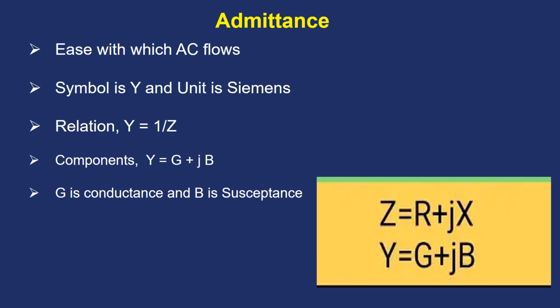G is what we have read, that is conductance, and B is susceptance. So if it is opposite to the impedance, in the place of R, G comes here, as we know that G is the opposite of R, and B comes in place of X or Z.